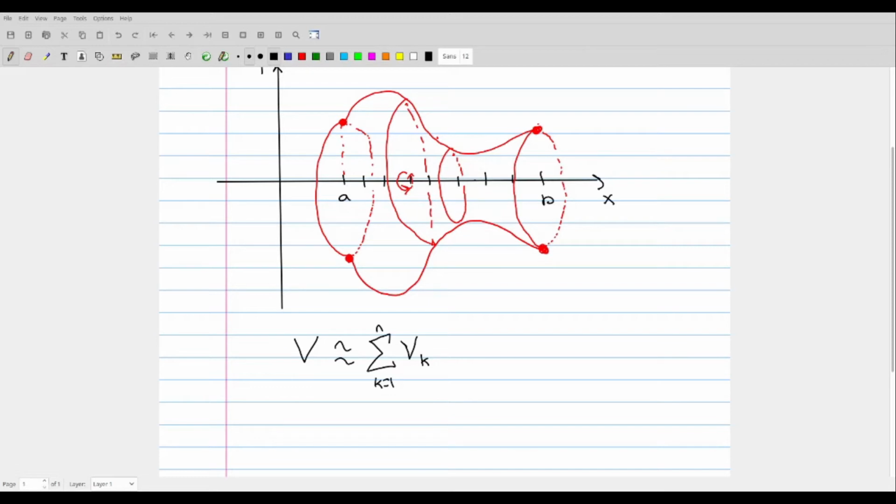So for instance, let's say we're here and we're using a partition with a sampling point ck, or I'll actually use xk star because that's what I used in my other video.